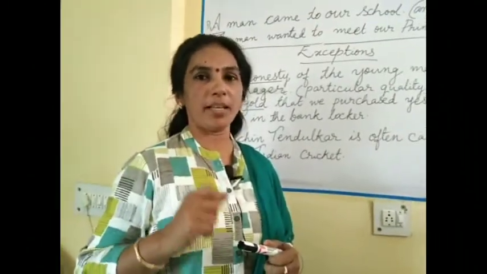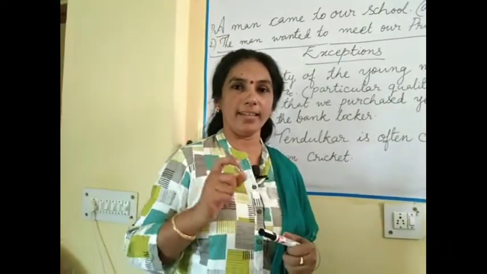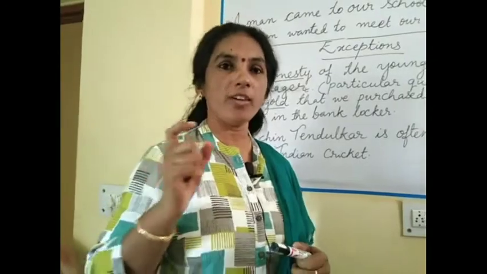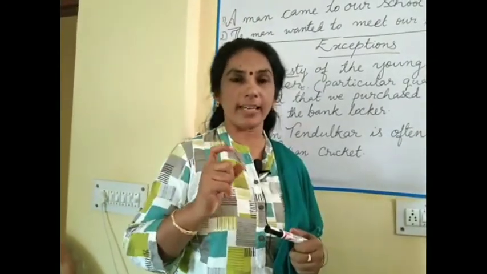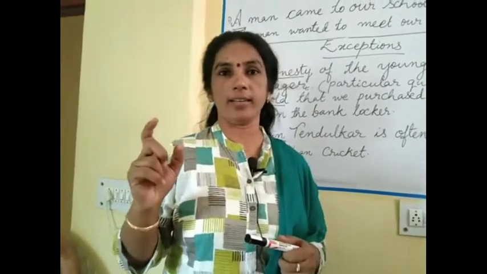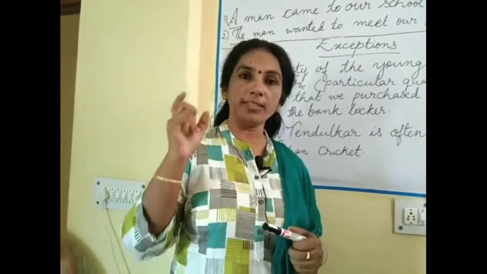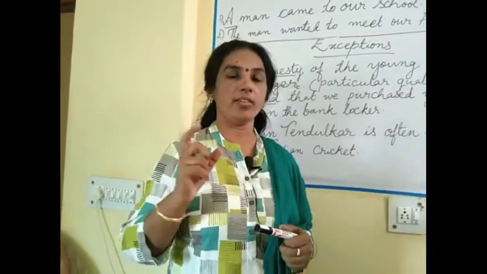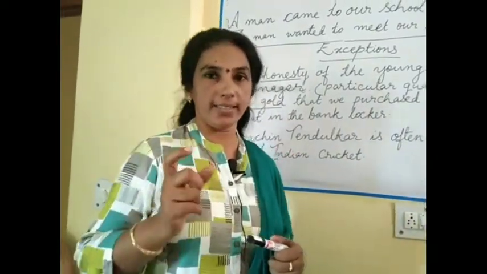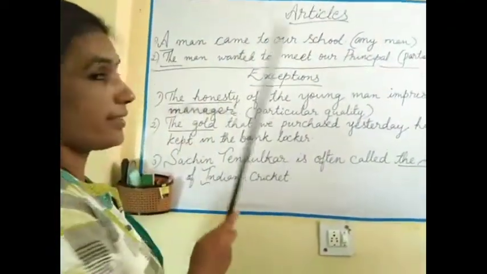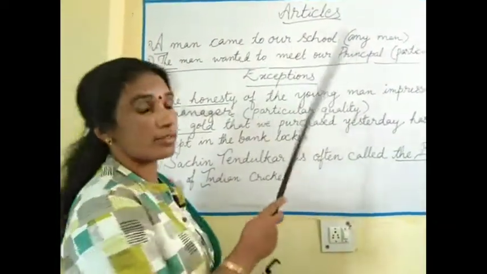Let us learn something more about articles a, an and the. When we speak of a person, object or thing for the first time, we use the indefinite article a or an. But when we speak of the same person, object or thing for the second time, we use the definite article the. Here are the examples. In the first sentence you can see, a man came to our school.